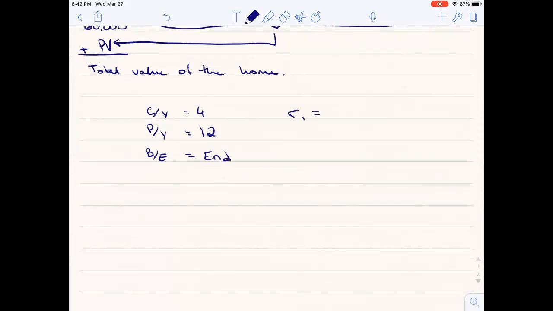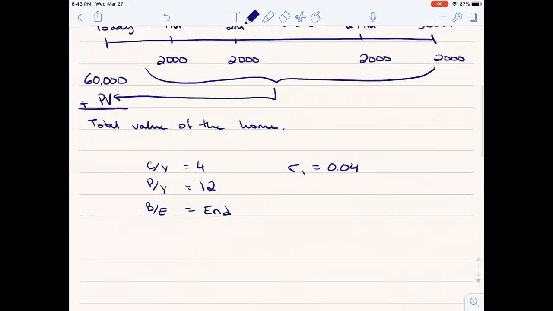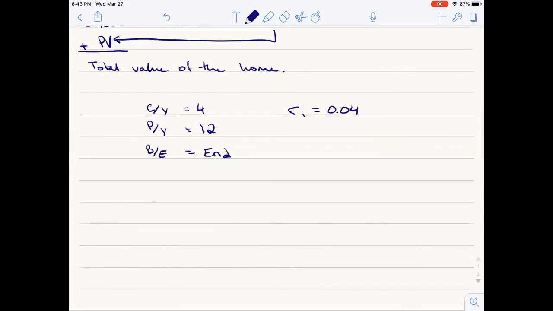And the rate was 4%, so 0.04. Remember, the compoundings per year is always F1 and the payments per year are always F2. If they're not the same, which most likely they won't be, you have to find I2. So you first have to find I1 and then you have to find I2.